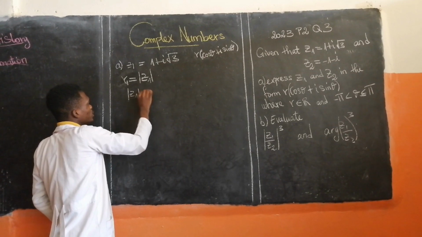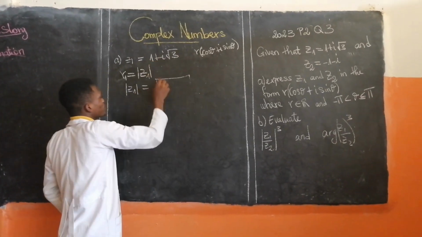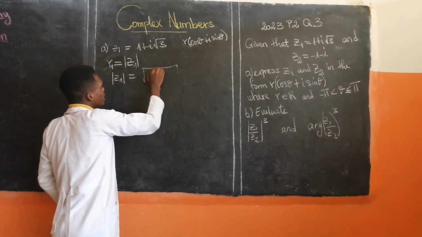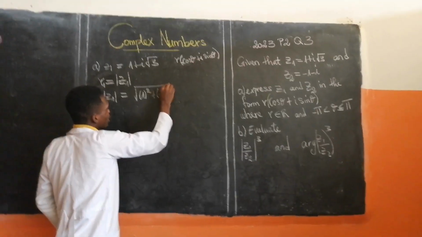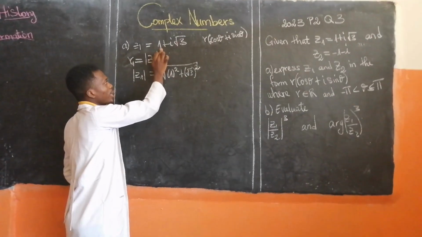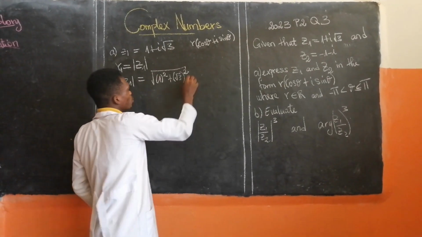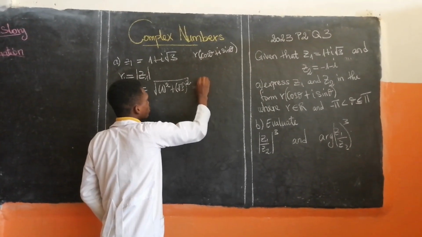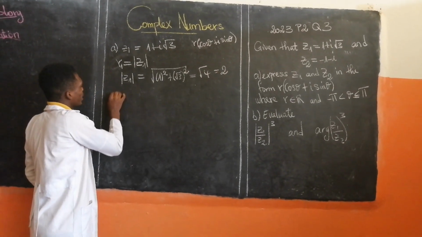The modulus is gotten by taking the square root of the real part squared plus the imaginary part squared. The real part is this one, and the imaginary part is the one attached to I. So this is the same as the square root of 4, which is 2. We now have to find theta.